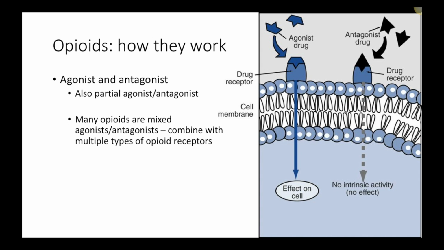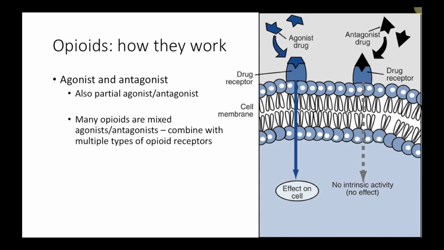An antagonist is a drug with good affinity but little or no intrinsic effect. Again, it's the missing puzzle piece. It's going to connect really well to that receptor, but when it connects, nothing happens. An example of this is naloxone. Naloxone is a medication that we give to essentially reverse the effects of opioids because it binds with the same receptors that opioids bind with, but causes no effect on the cell.